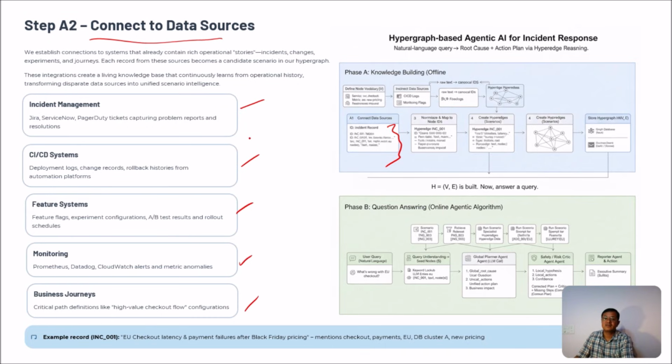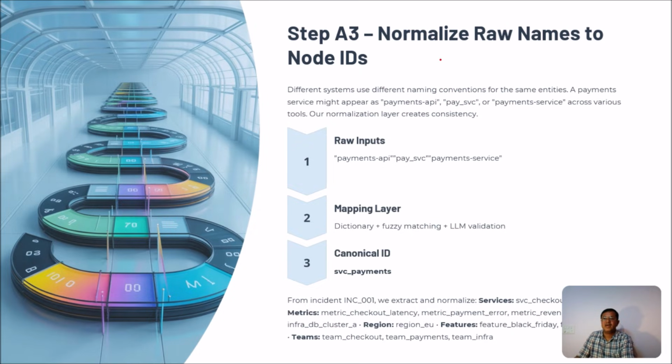You have to connect the nodes from all those things. This is very important, and these will combinedly create one story with your seed nodes. And after that you have to normalize the names and node IDs so that when you run it you will get the correct results.